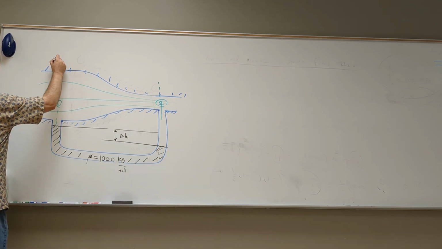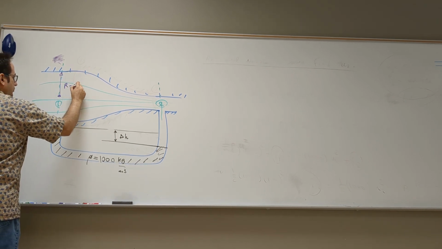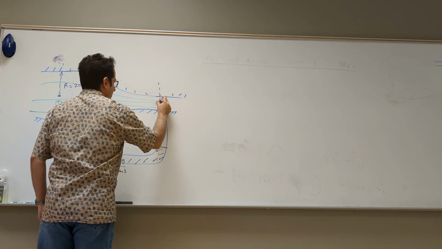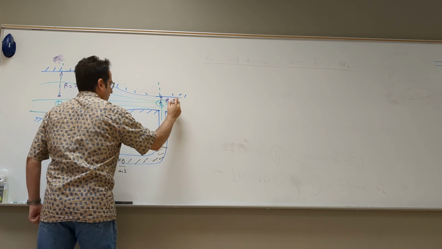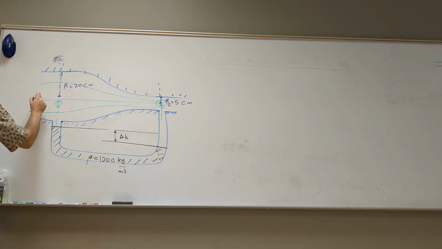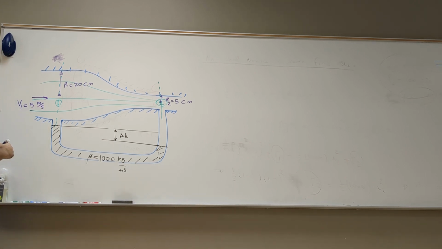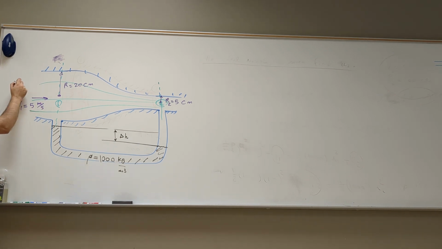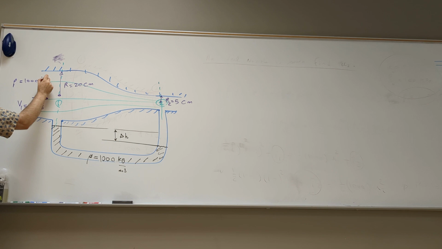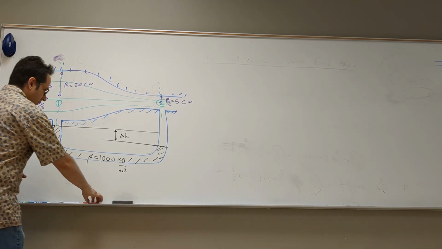Let's say that I give you the diameter this time: R1 is 20 centimeter, R2 is 5 centimeter, and the velocity here, V1, is 5 meter per second. And the density is just water, constant again, incompressible, no high speed. Now the question is, find this pressure height.